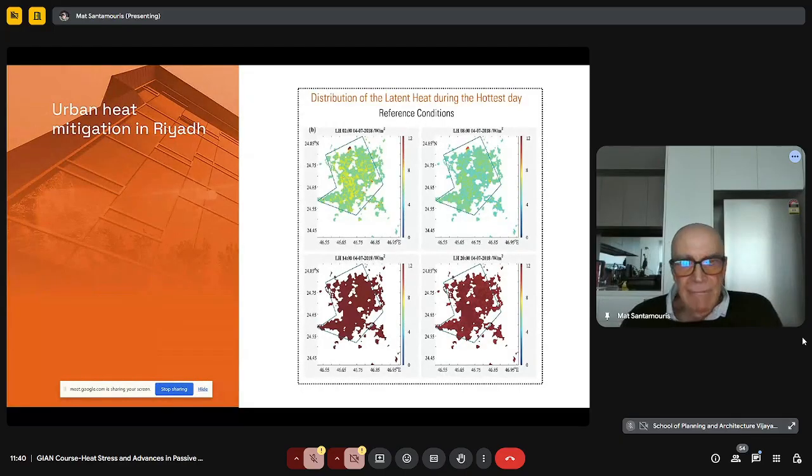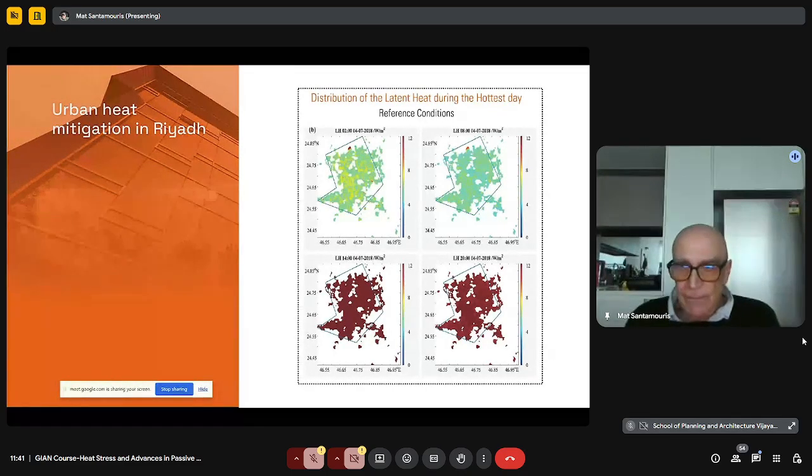But also, we have losses. And losses are coming from greenery, water, and other evaporative surfaces. And these surfaces really release latent heat. And latent heat is decreasing the temperature at the city scale. So we have to know the balance. We have to know how much heat is coming from where and how.